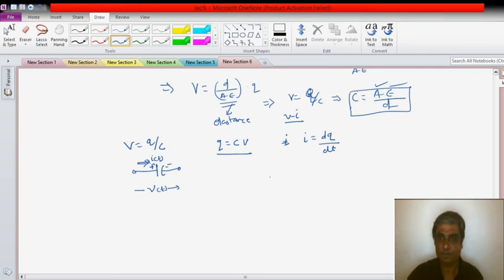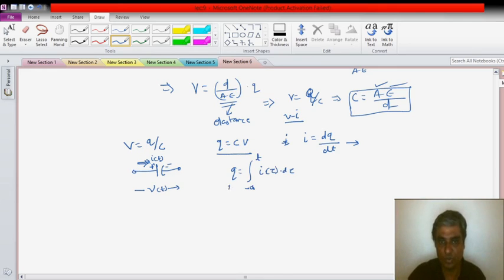Now there is no initial condition. Let me write it in integral form. I would like to get it in terms of V and C. Since V is equal to q by C, q will be equal to the integral from minus infinity to t of I of tau d tau.